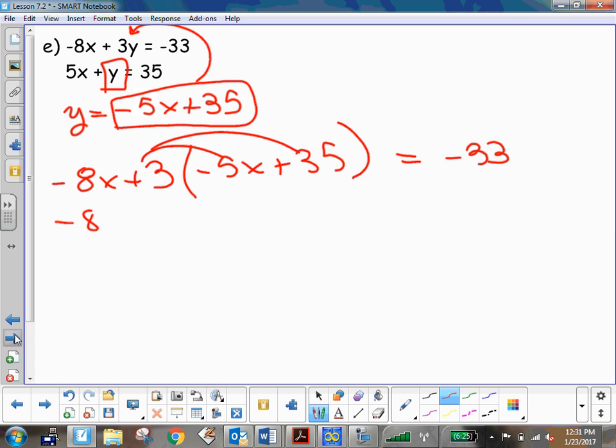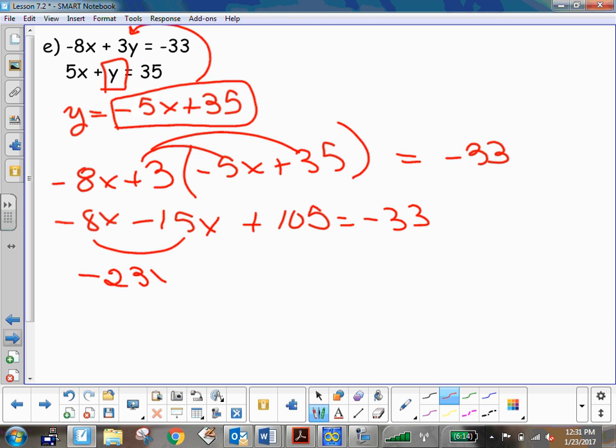That's negative 8x. Now, what am I going to write next? What sign am I going to write here for this next term? Negative 15x. And then what sign do I write? Plus, and I get, is it 105? Okay, so we've got an equation that we know how to solve. This is going to give me negative 23x.